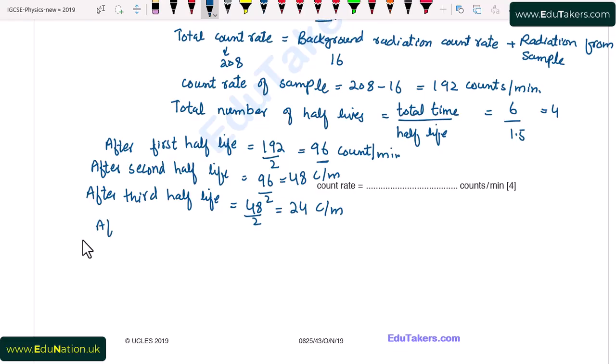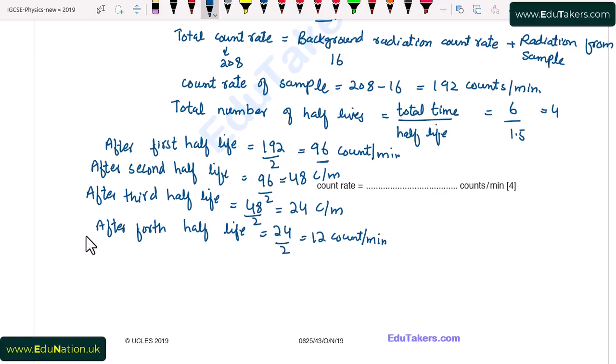And after the fourth half-life, it is 24 divided by 2, that is 12 counts per minute. So after 4 half-lives, the count rate will be 12 counts per minute.